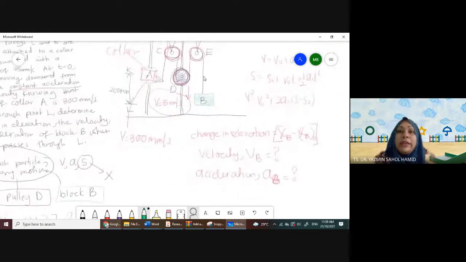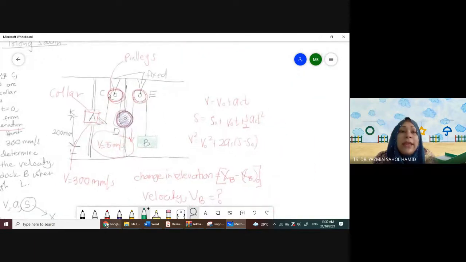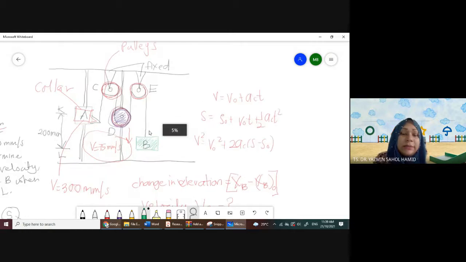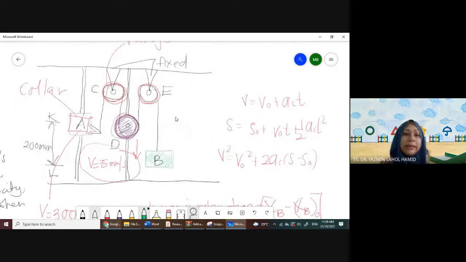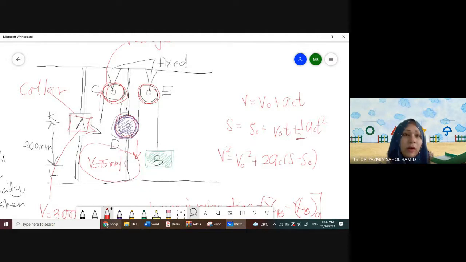There's one more equation that we need to come up with, based on the length of the string. Collar A can move up and down. Let me enlarge this. This is the string of collar A, let me name it XA. This is the string for collar D, XD, and this is the length of the string for block B, XB.